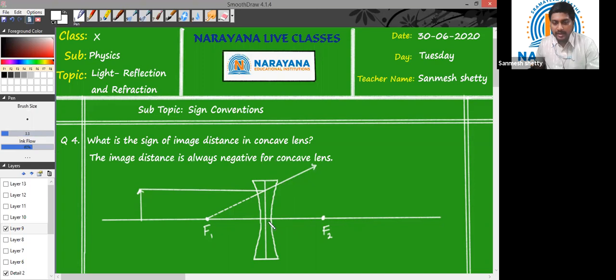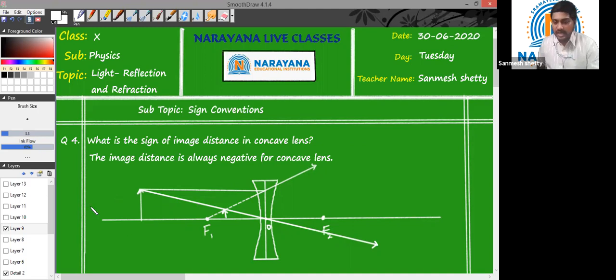Let us say the ray is passing through my optical center. Obviously the ray which is passing through the optical center will pass undeflected according to our rules of image formation. So the image is formed, as you can see, somewhere here, which is on the same side of the lens.